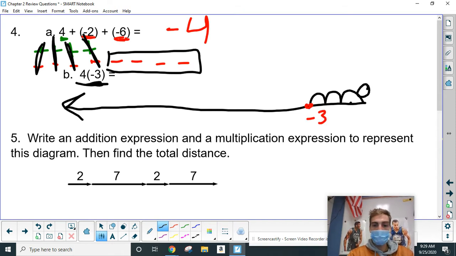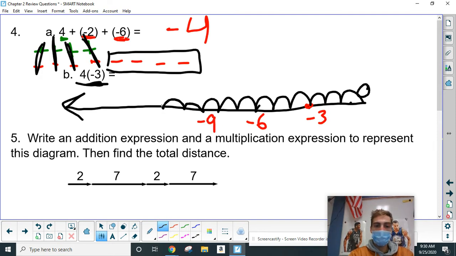And then I'm going to move 1, 2, 3 again, and now I'm at -6. Now I'm going to move 1, 2, 3 again, and now I'm at -9. I'm going to move 1, 2, 3, my fourth and final time, and now here I am at -12.